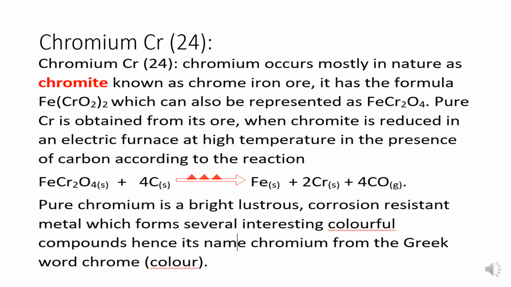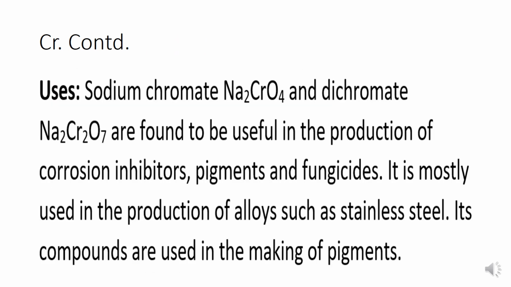Pure chromium has a bright, lustrous nature and high resistance to corrosion, and it forms several beautiful, colorful compounds that give it the name chromium, from the word chrome. Chromium is found useful as sodium chromate and sodium dichromate, which are used in the production of corrosion inhibitors, pigments, and fungicides. It is mostly used in the production of alloys such as stainless steel.